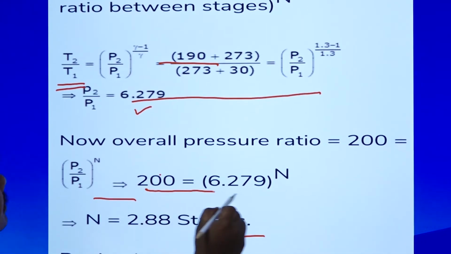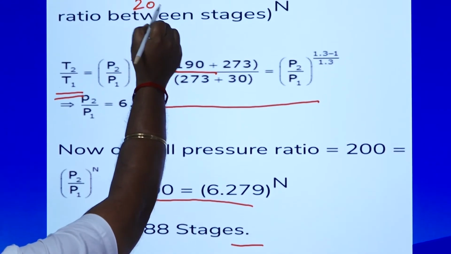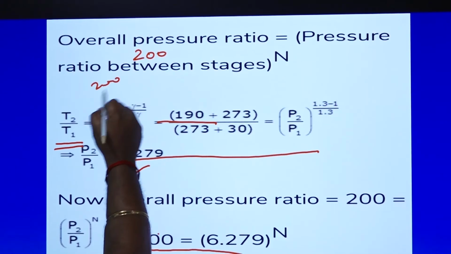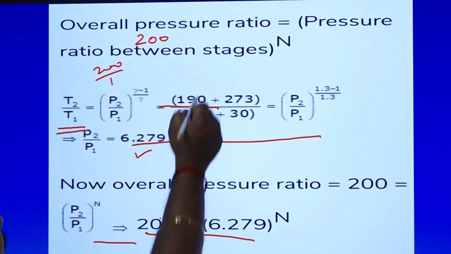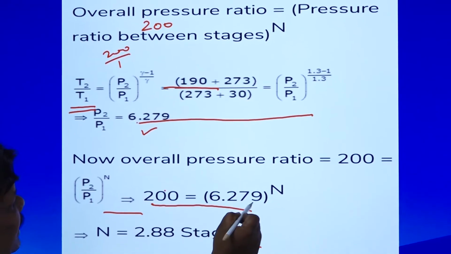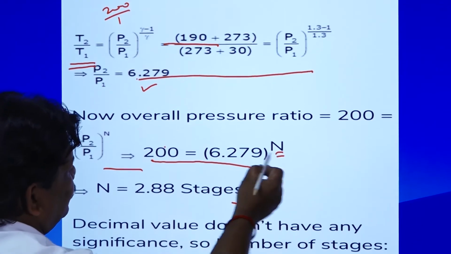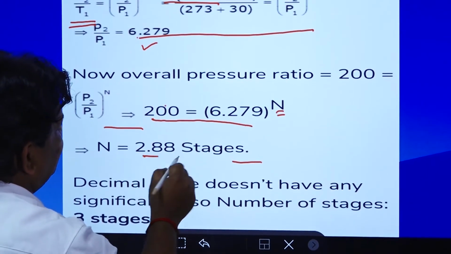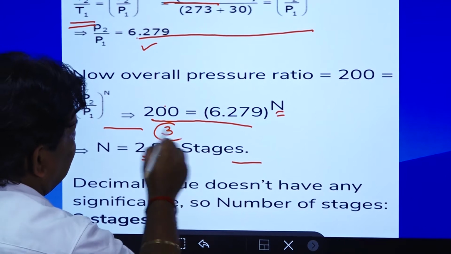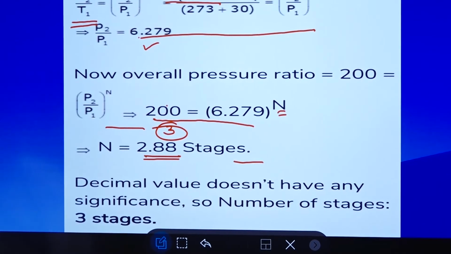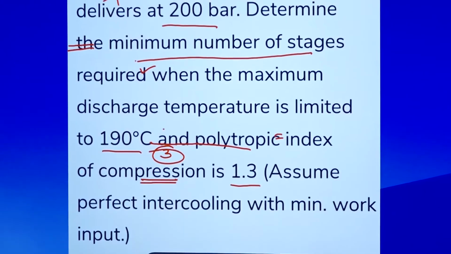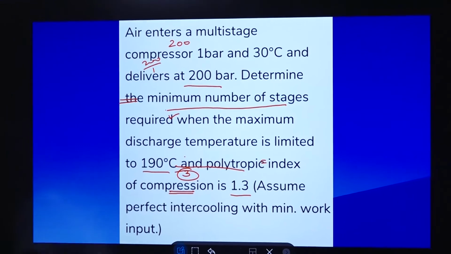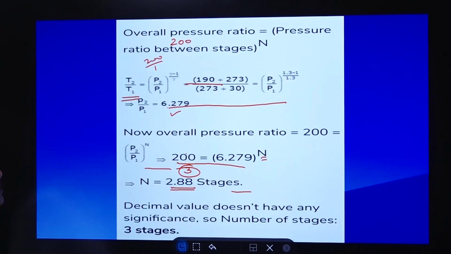So 200, the overall pressure ratio, that is 200 divided by 1, is equal to the pressure ratio between the stages, 6.279, whole power n. So you find the value of n, that is 2.88, or otherwise 3. So the number of stages for this compressor is 3, and that is the minimum number of stages.